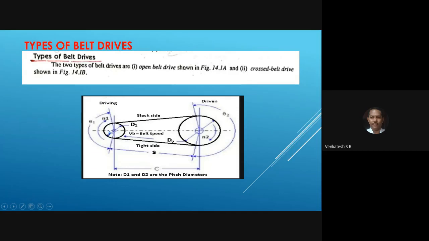Driving means this is motor, and driven, this is the floor mill or any machine tool. Mention diameter D1. And for this bigger wheel, bigger pulley, this is the diameter D2. This is driving. This is driven.